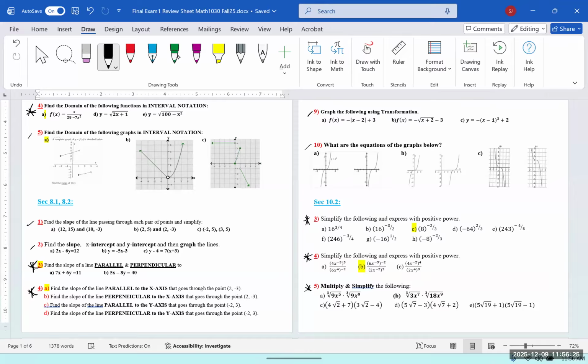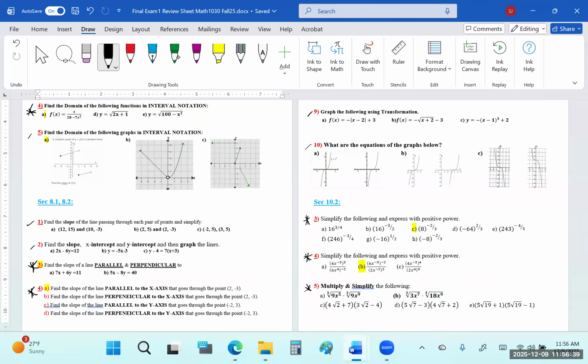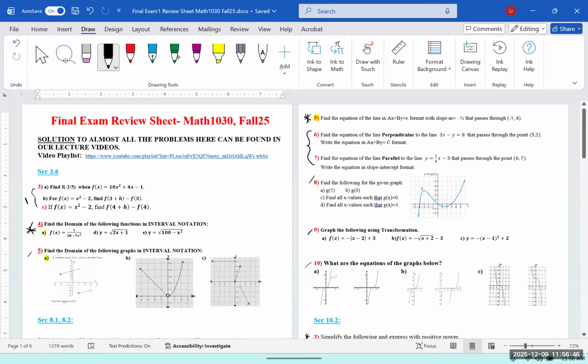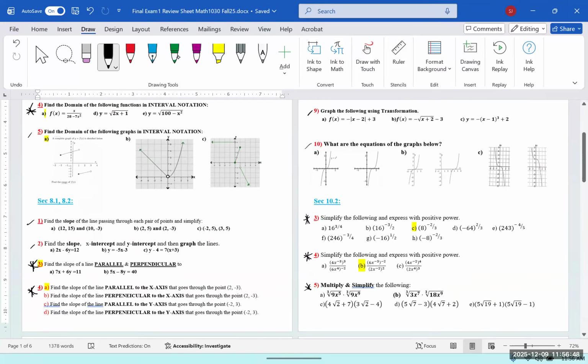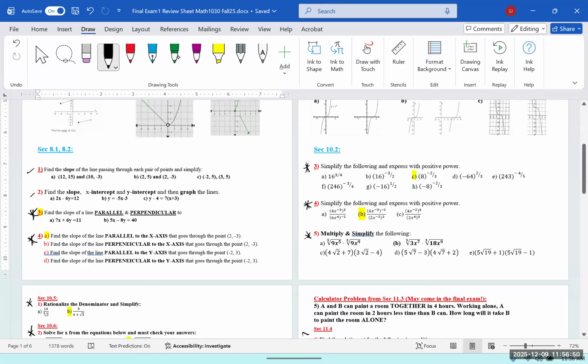Thank you. I have another question, if you have enough time. Go ahead. So for question 5, before section 10.5, multiply and simplify the following. And I believe the one you picked was option B. Which section is it?